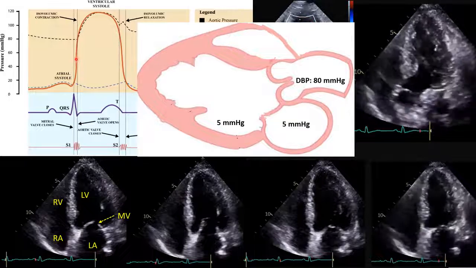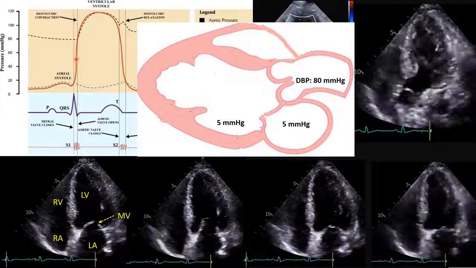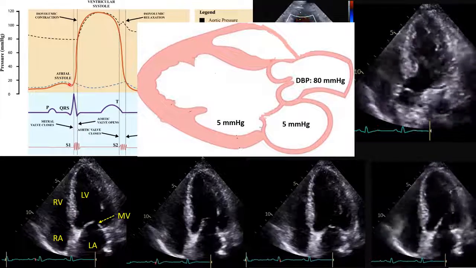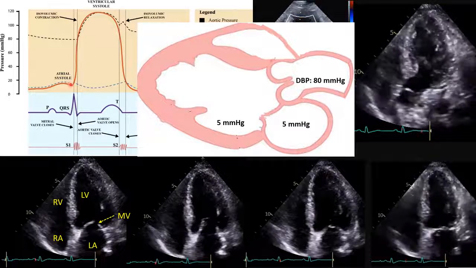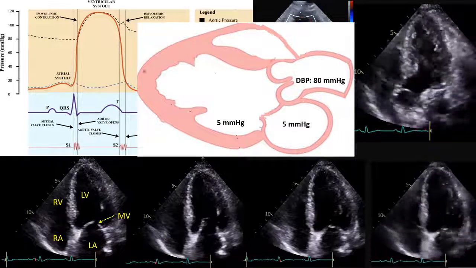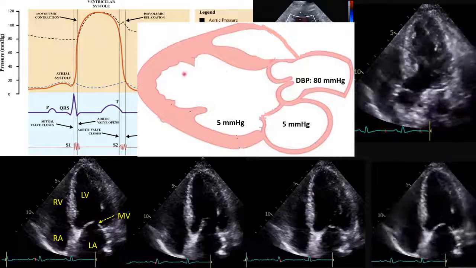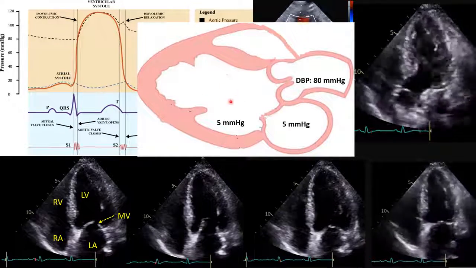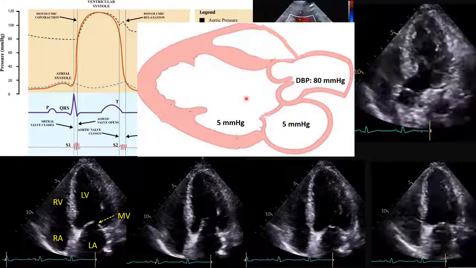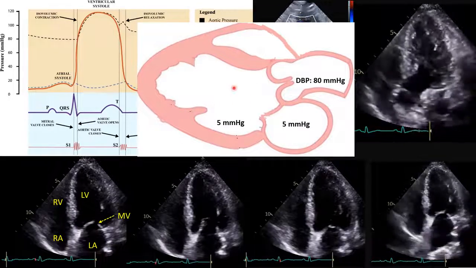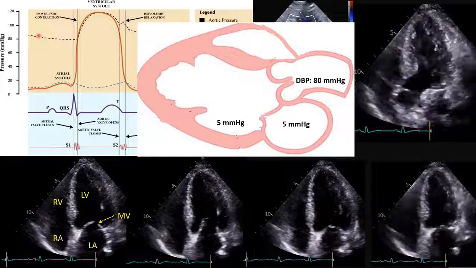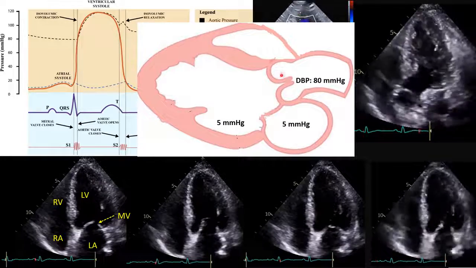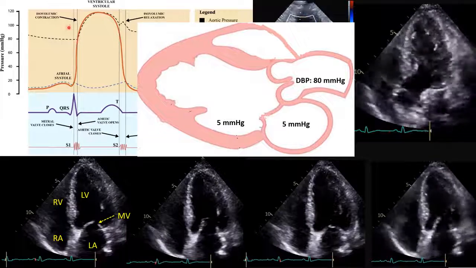Iso means equal, even, the same. So during this period that we call isovolumetric contraction, the volume of the left ventricle doesn't change. There is no blood going outside of the left ventricle. Just pressure increases little by little until it goes over 80. In that case, the aortic valve starts opening.